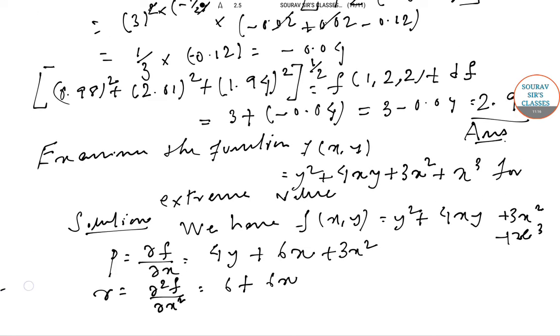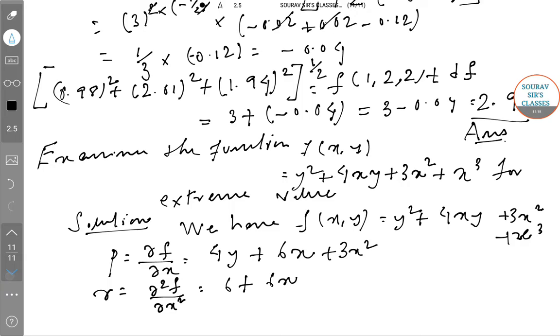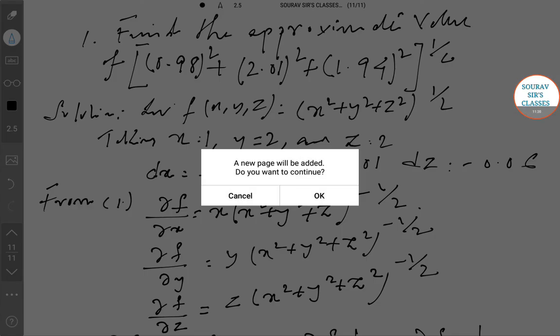And then you have your t, which will be del 2 f by del y square.